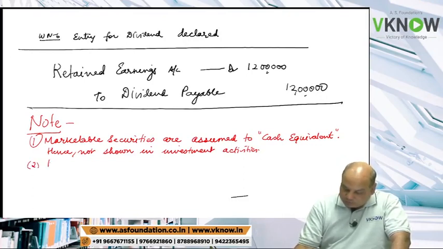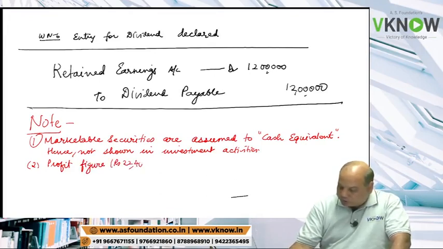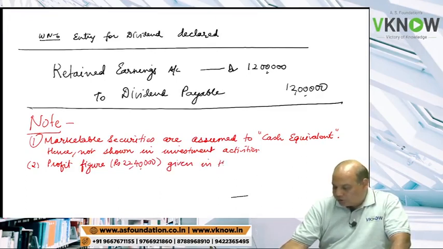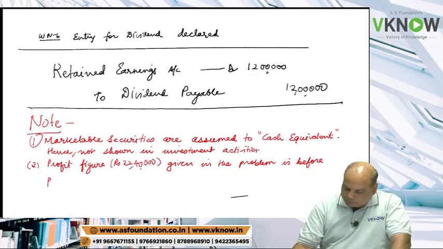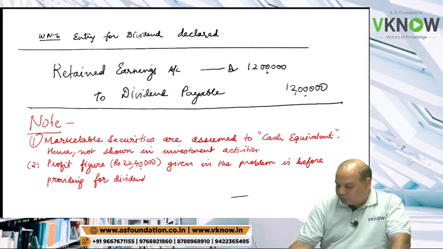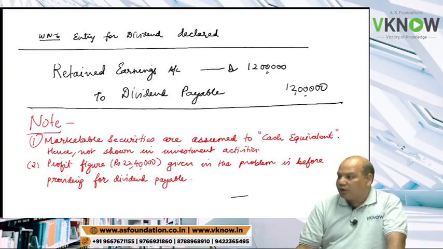Second note, write down: Profit figure in brackets, rupees 22 lakh 40,000, given in the problem is before providing for dividend payable.